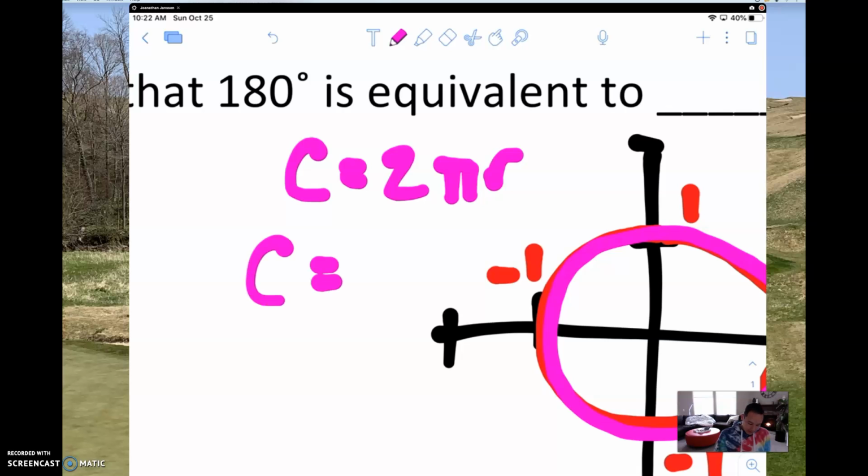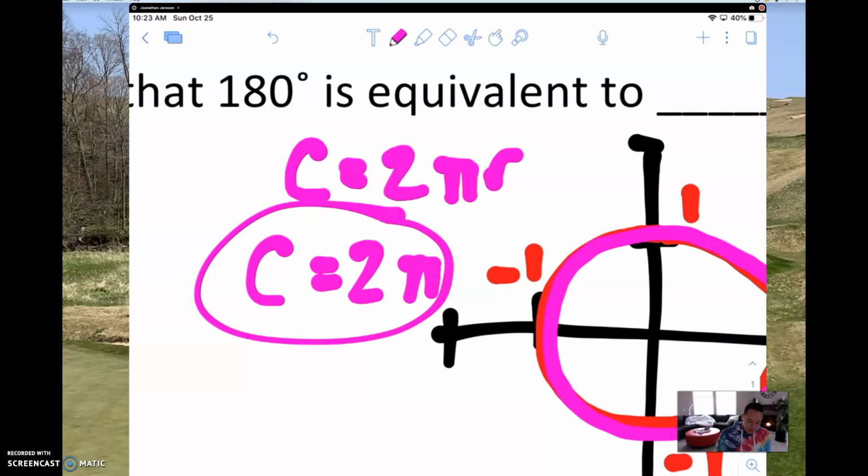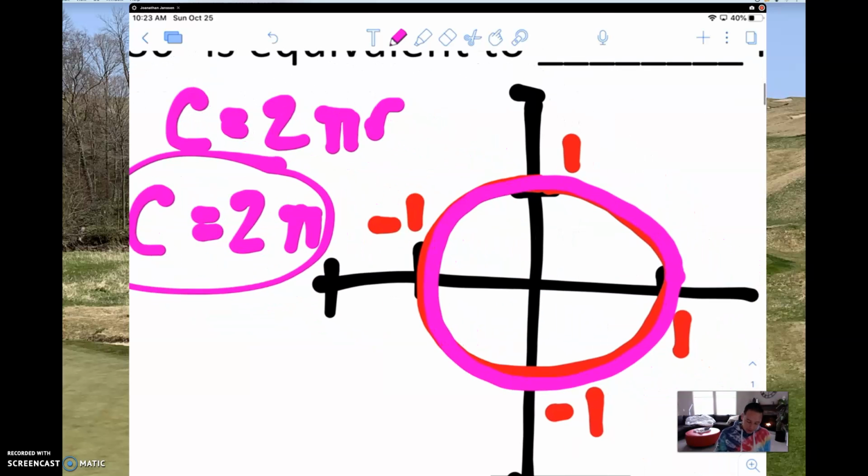The circumference equals 2 times pi times 1, which is just 2 pi. So if you were to go all the way around the circle, from start to finish, your total distance traveled would be 2 pi. And that all the way around the circle is the same thing as 360 degrees.